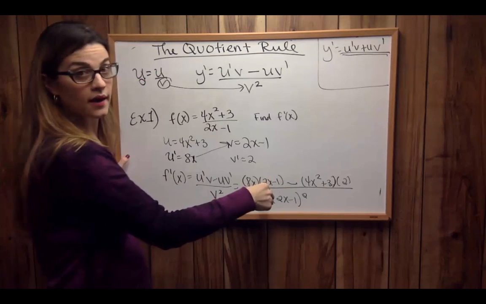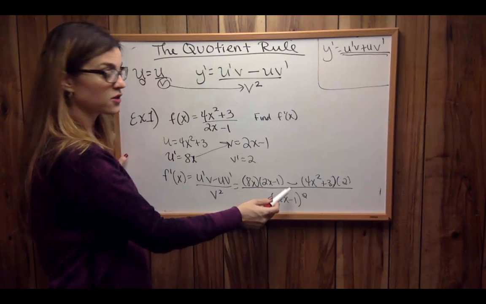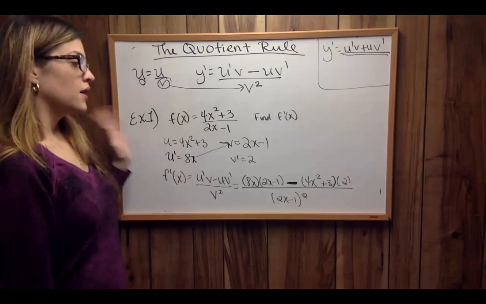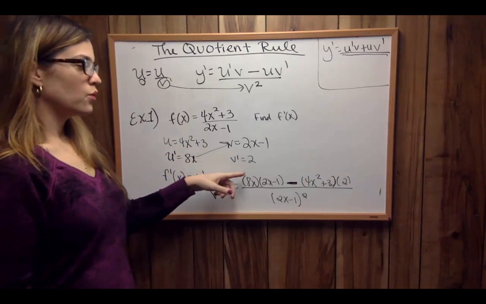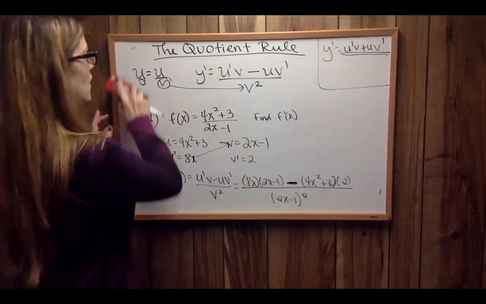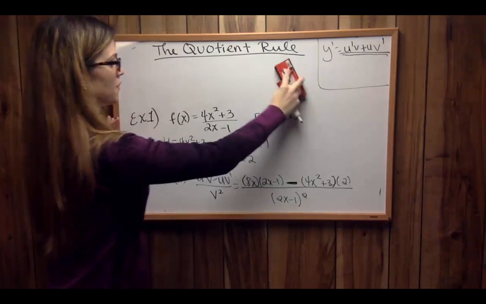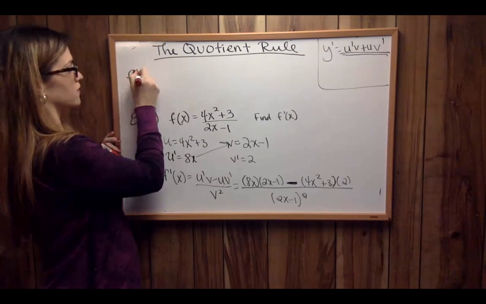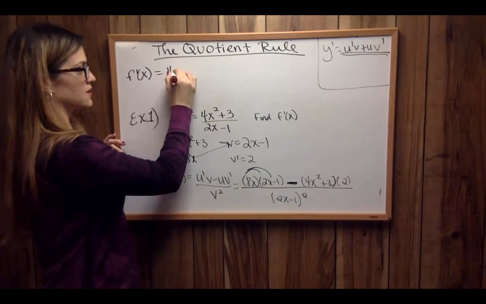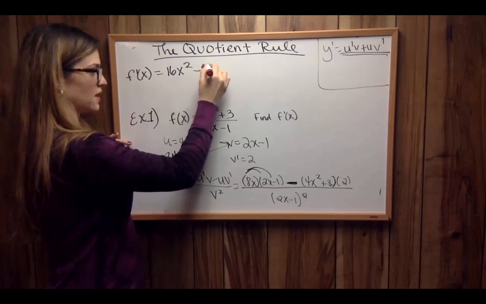Do not go crossing out. Remember, you can only simplify or factor if it's factors, but you have subtraction there. In order to clean this up a little, we distribute through and we can get a nicer answer. So the derivative becomes, distribute the 8x to both, 16x squared minus 8x.